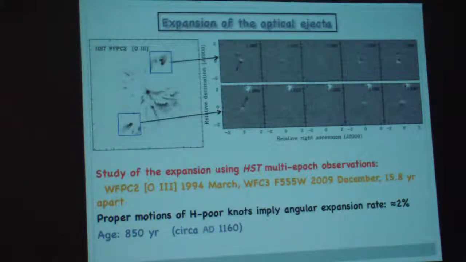These are not very high sensitivity observations, but when we made the comparison, we expanded the old images and compared them to the new ones using the method developed by Bruce. We realized that there was an expansion of about 2% in about 20 years, so we were able to figure out the expansion age of 850 years for R13.